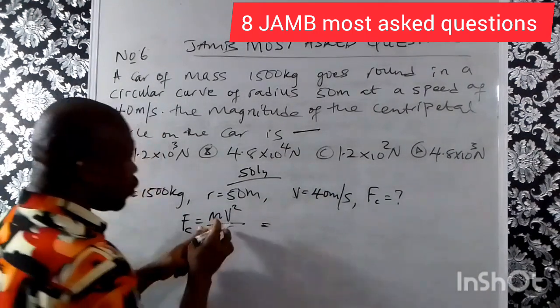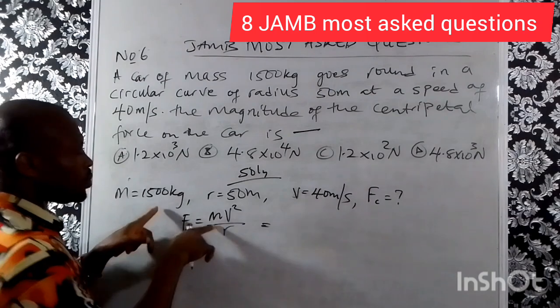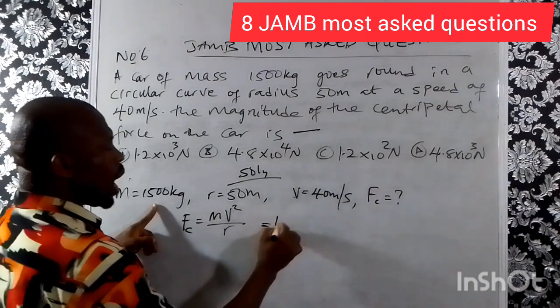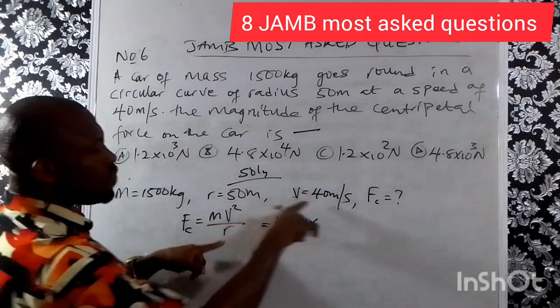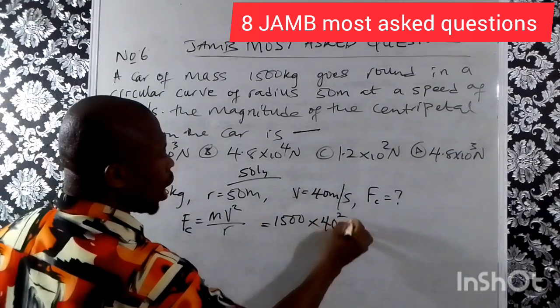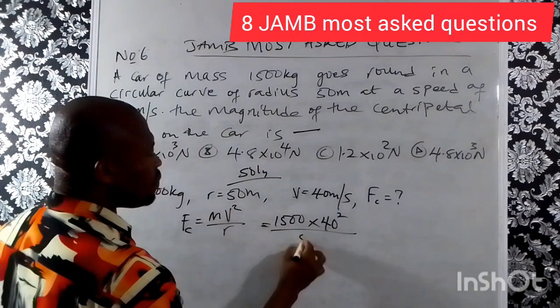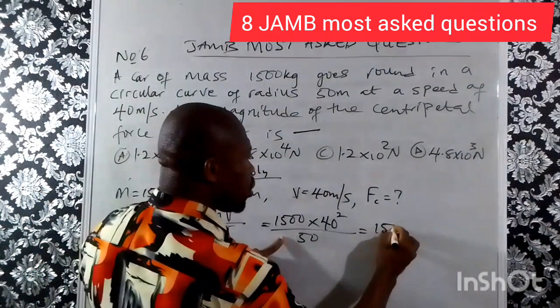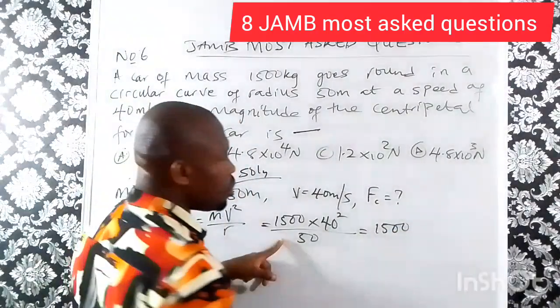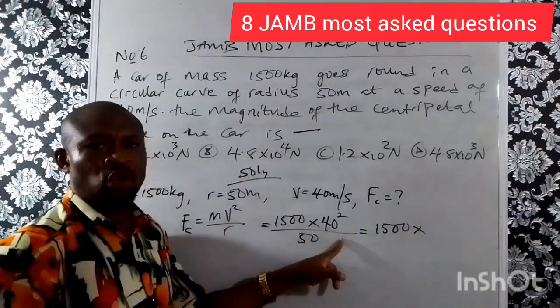If you substitute, we have 1,500 multiplied by 40 squared divided by 50.